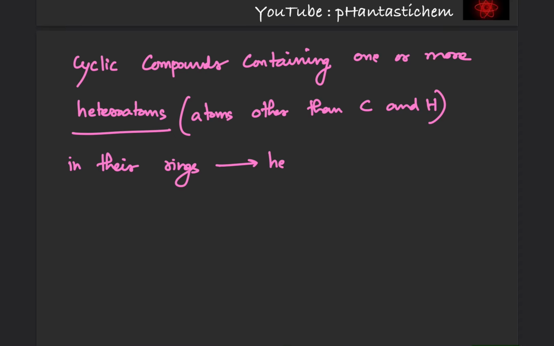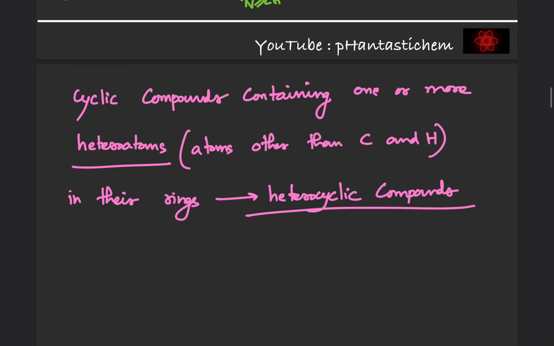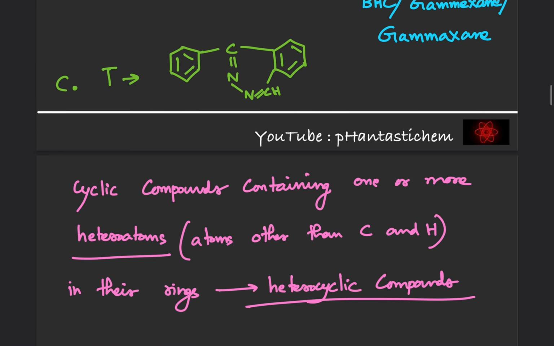So they are known as heterocyclic compounds. Okay. So therefore C is a correct statement because you can see it contains N in the ring. N is there in the ring, which is a heteroatom. Okay. So therefore C is correct.